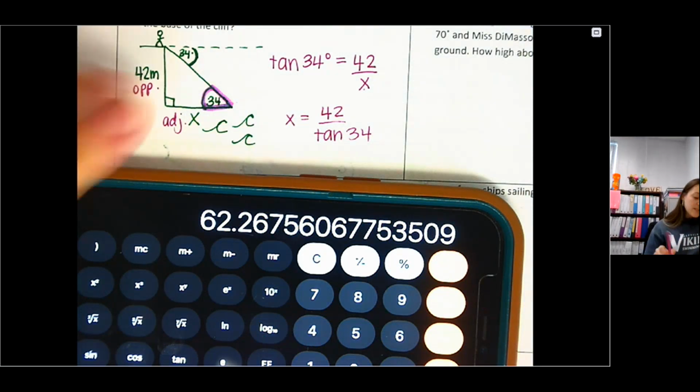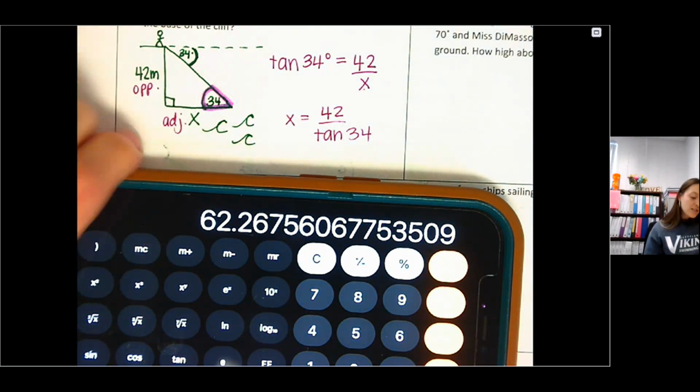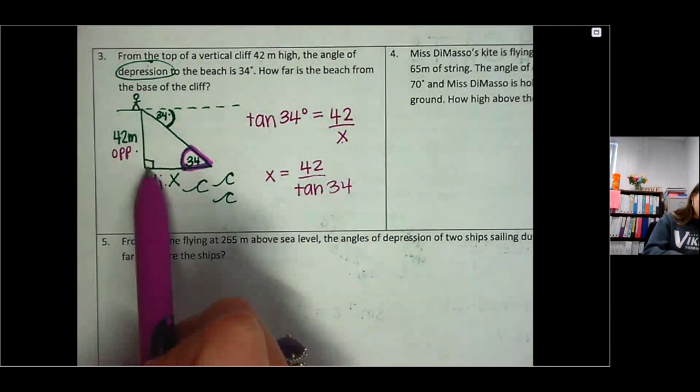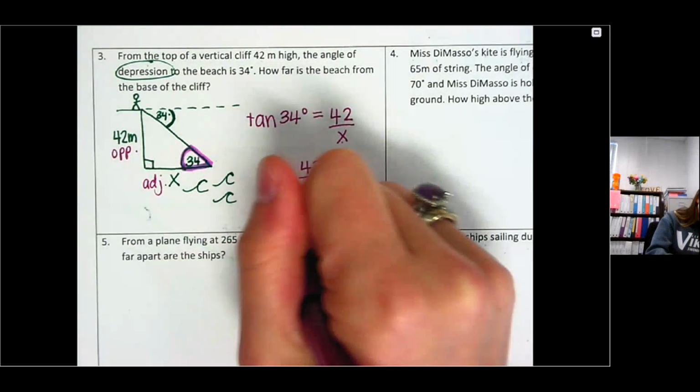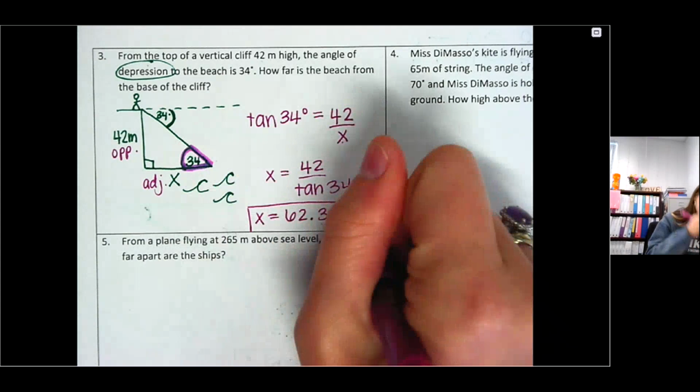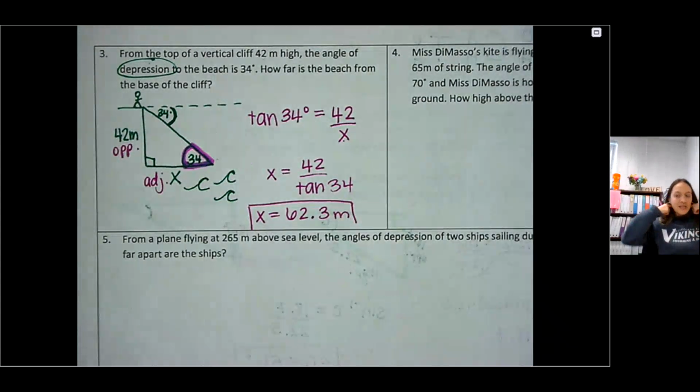So the beach is 62.3 meters away. That's the distance over here. So hopefully you're noticing it's really not that bad. It's pretty much exactly like a regular trig problem, but you do have to draw the picture yourself.